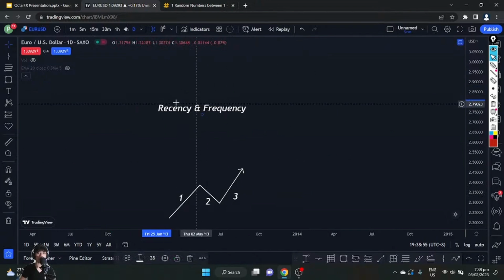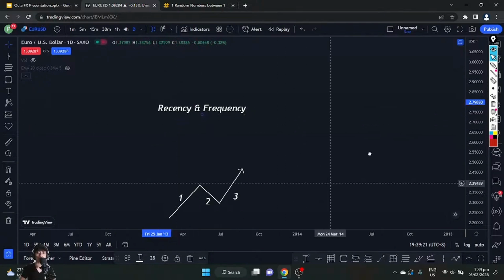All right, so recency means that it is the most recent lower high or higher low at the market structure. And then frequency means we need to make sure that that level on the chart must be tested multiple times before, at least 2 to 3 touches for us to be able to consider it an important level on the chart.